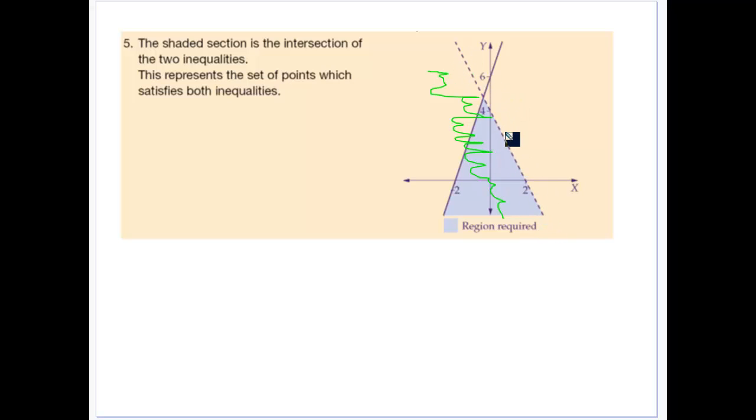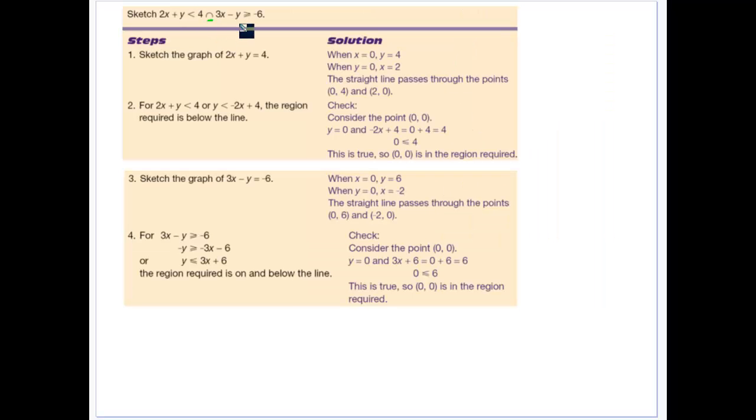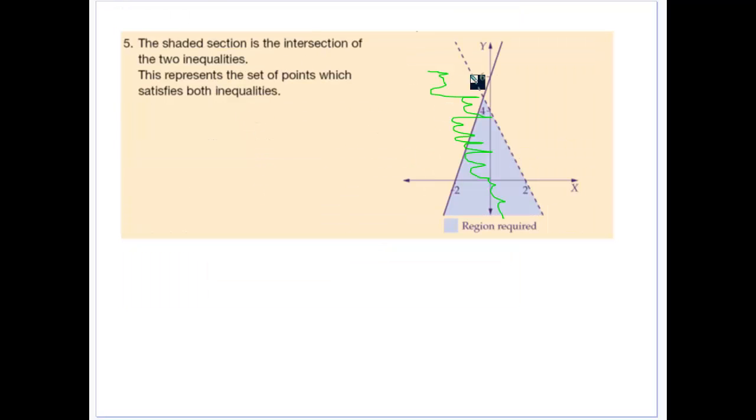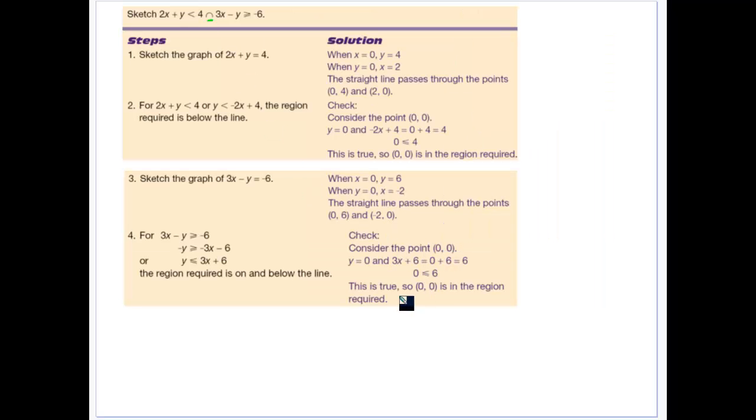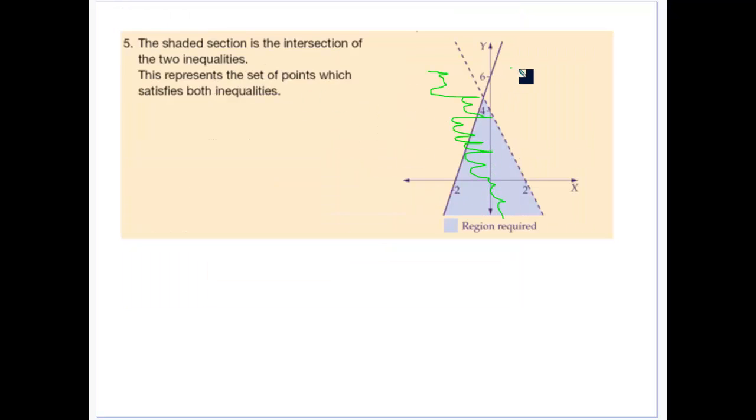So we found the equation of the line, and it was dotted, and then we found the shaded part, and we shaded this side because 0, 0 was in there. Now for the other line, when we graphed 3x minus y equal to minus 6, that's what that line looks like. And again, we tested 0, 0, and so 0, 0 was in the region for that line there. So that's why all this part is shaded as well.